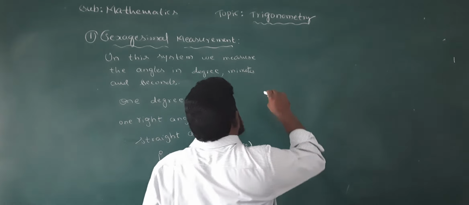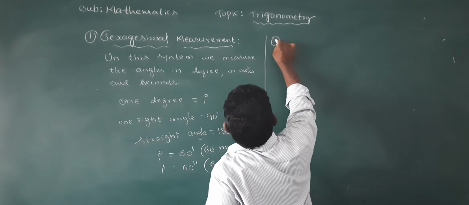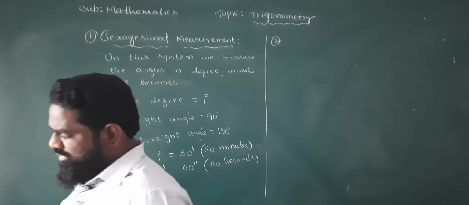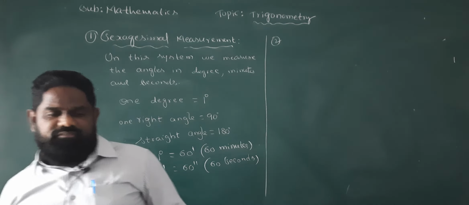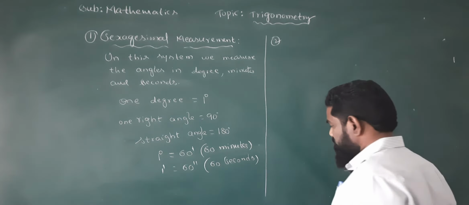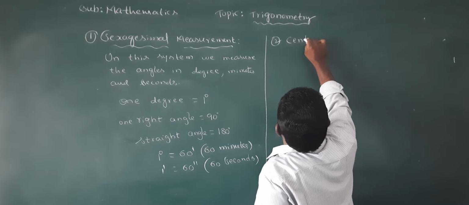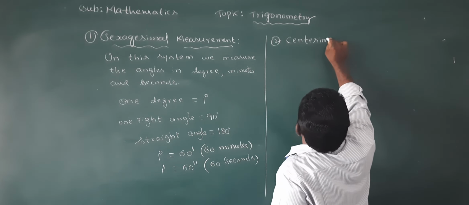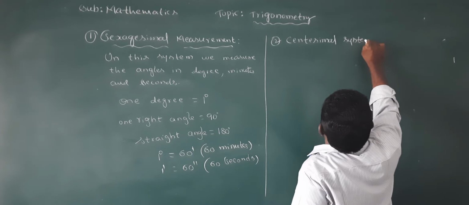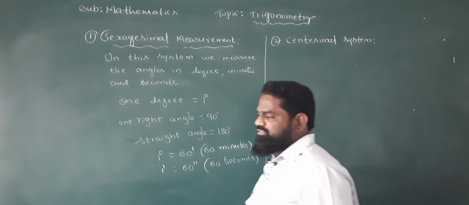This is the sexagesimal measurement. Now, another system is the centesimal system, which is called the French system. Centesimal measurement, centesimal system, no problem. This is the French system.